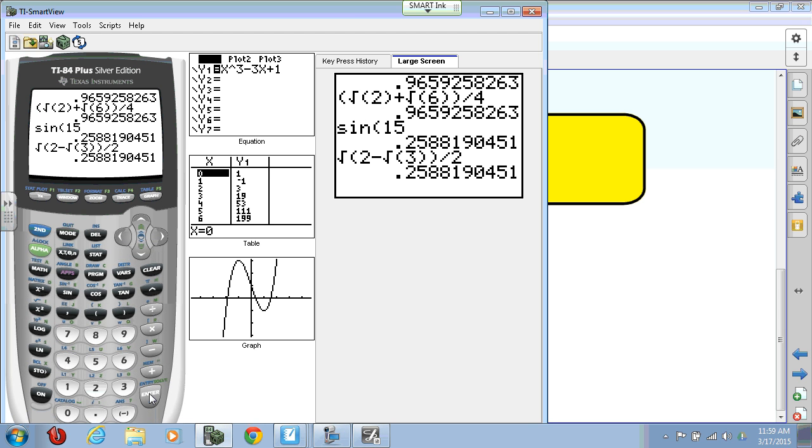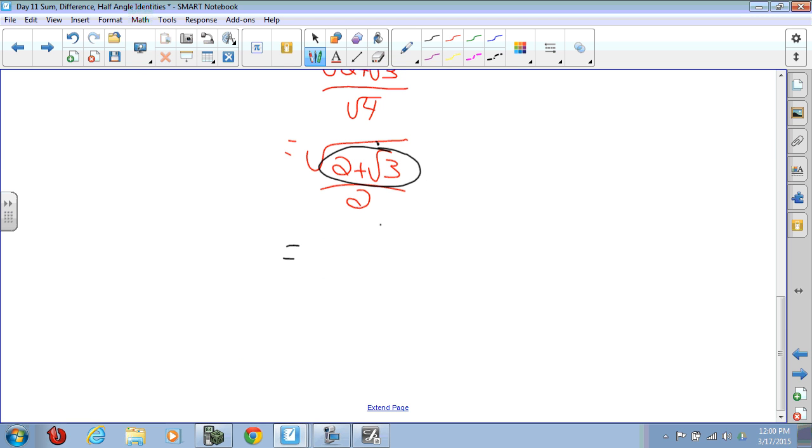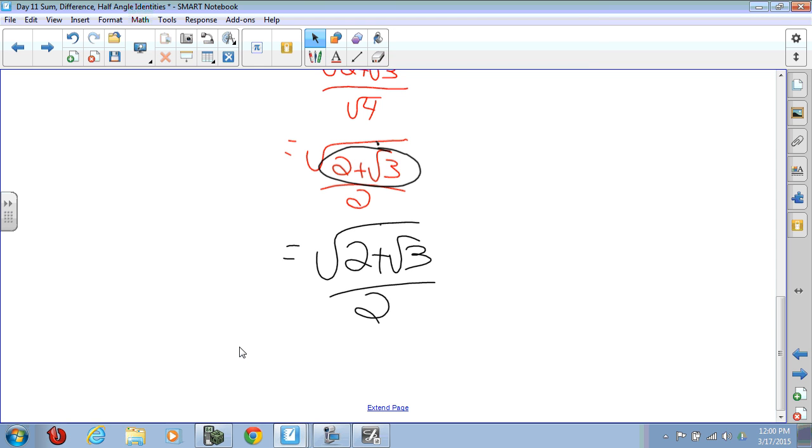We get the same exact thing? Beautiful. So I just want to point out, arithmetically, right here, this is a binomial. So you cannot take the big radical and this radical on the 3 and cross it out. You can't do that. This technically means 2 plus radical 3 together. So you leave it like that. So that is the answer. And then you just check to make sure that's equal to what you were looking for on your calculator. This is good arithmetic.